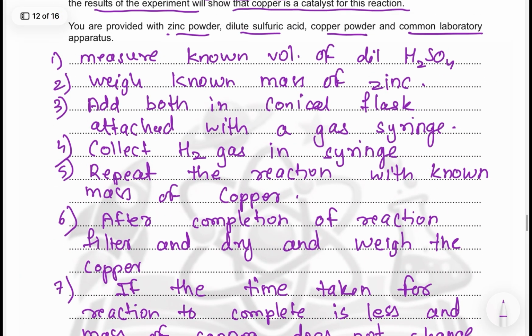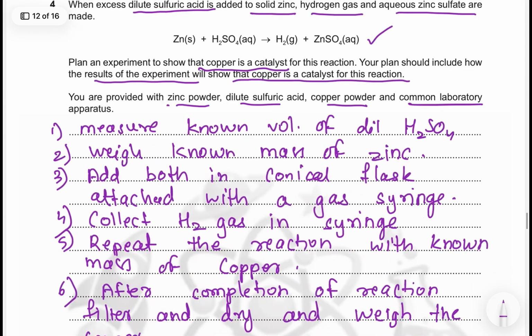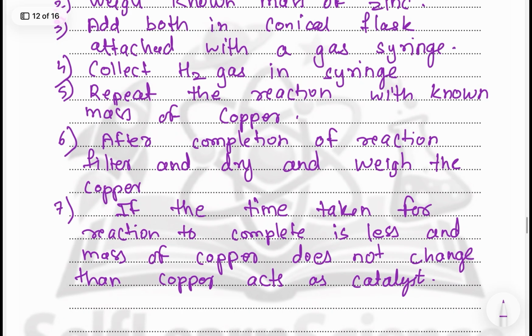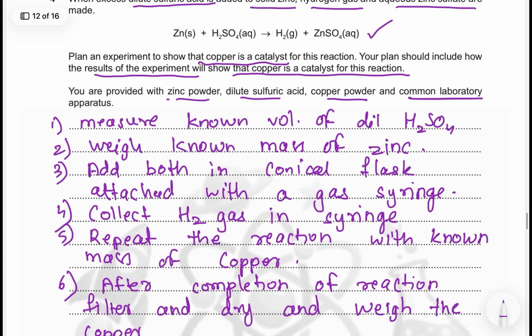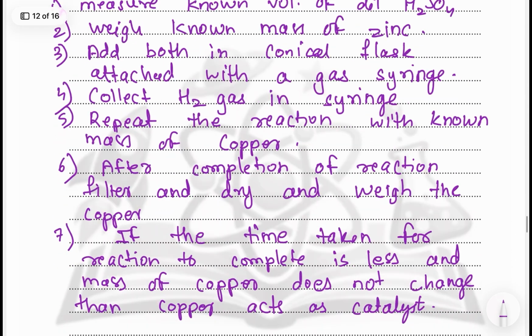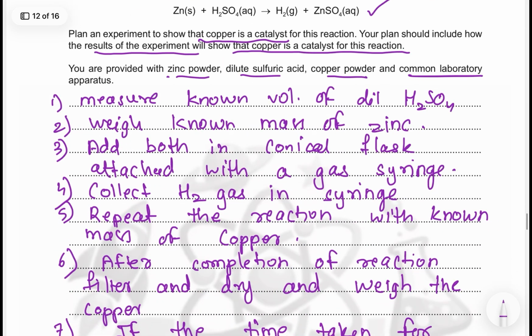So these are the points that you need to explain here, how you have performed the experiment, and how the method which you have chosen is going to help you find out the answer to the question they have asked.